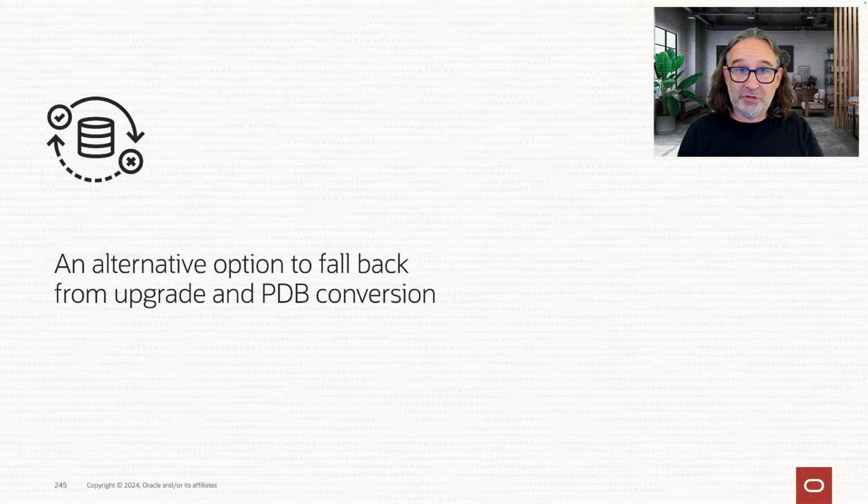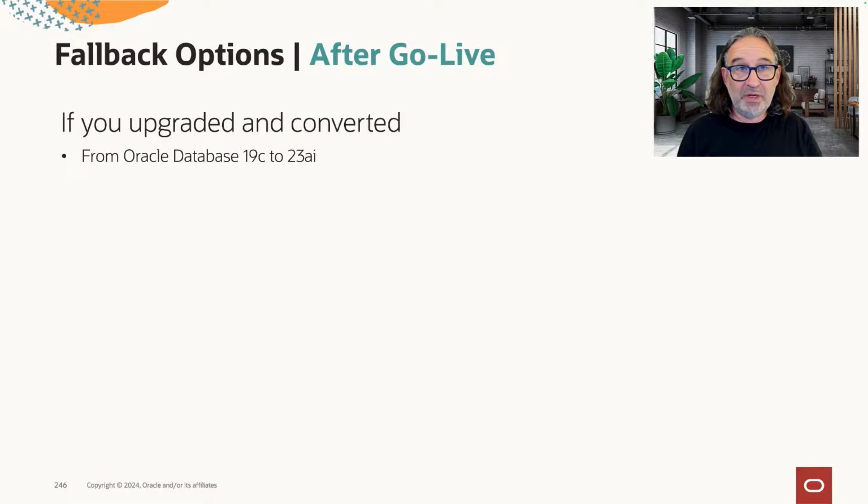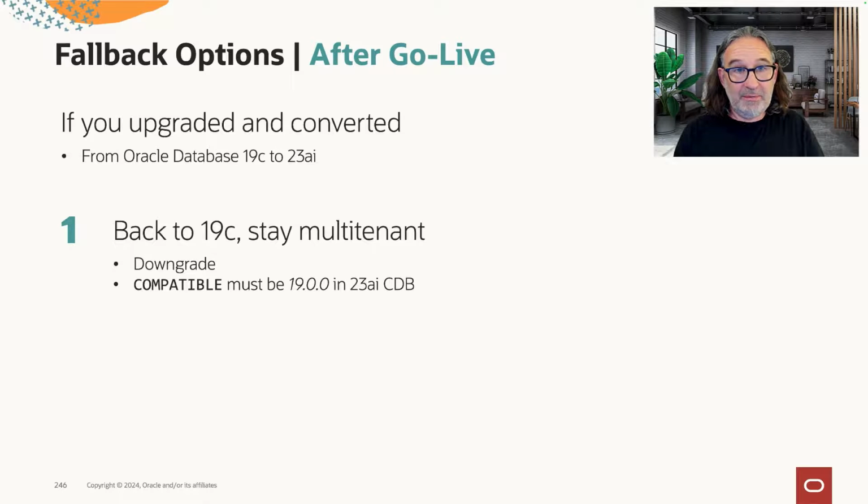An alternative option to fall back from an upgrade and PDB conversion would be, if you upgraded and converted from 19c, for instance, to 23ai, then you can go back to 19c and stay multitenant. So you came from non-CDB, you went to the PDB, and now you can go back to 19c, but not to non-CDB. You go back into a PDB. And this is simply done with a downgrade.